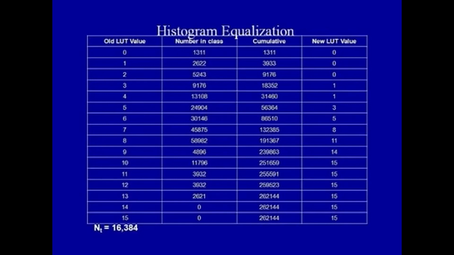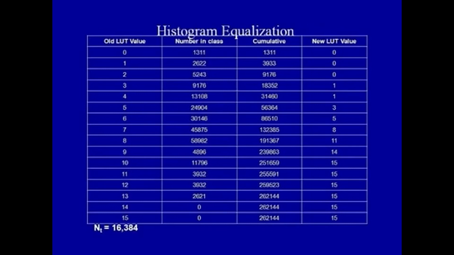So, brightness level 3 of the original histogram will now be assigned a value of 1, and all the previous brightness levels, that is 2, 1 and 0, will be redefined with a new brightness scale value of 0. Then we proceed ahead, and now we raise our bar of examining to twice the NT value, which will be 32,768.